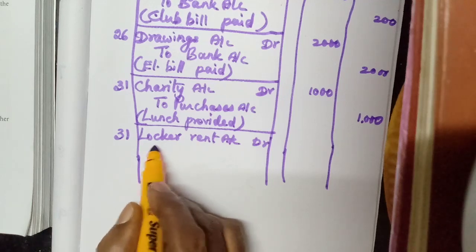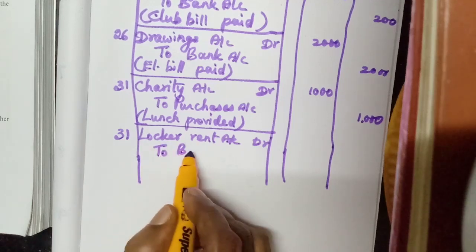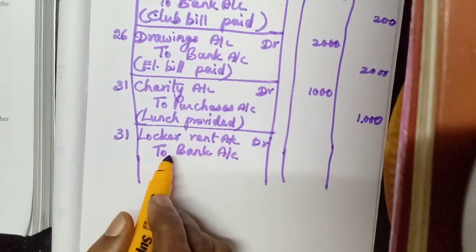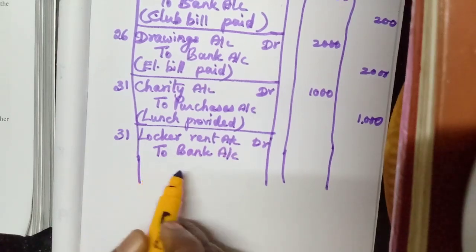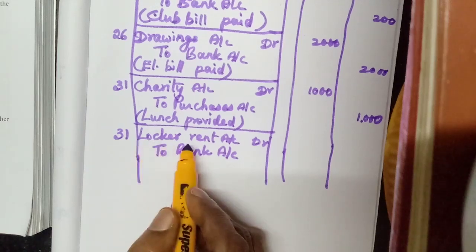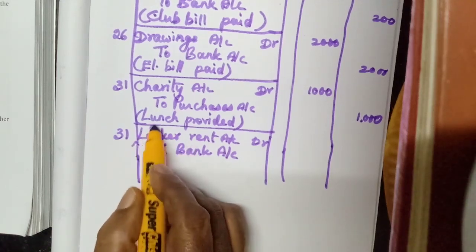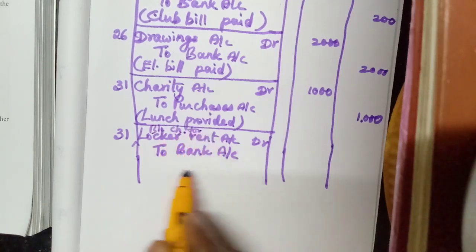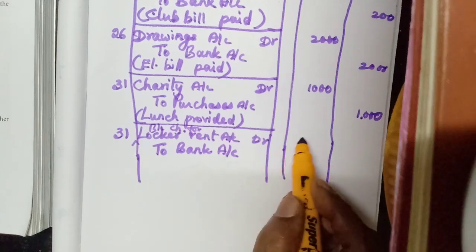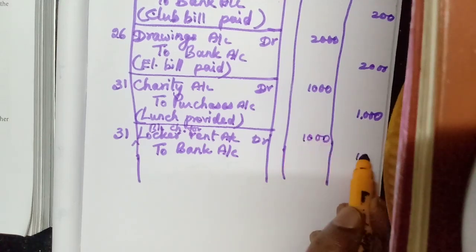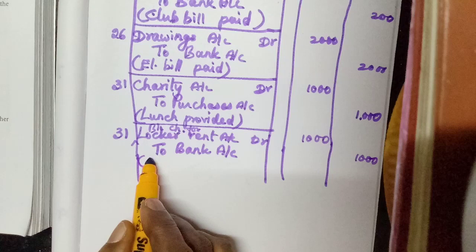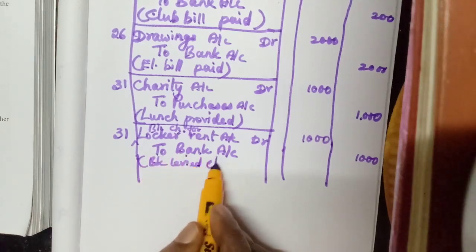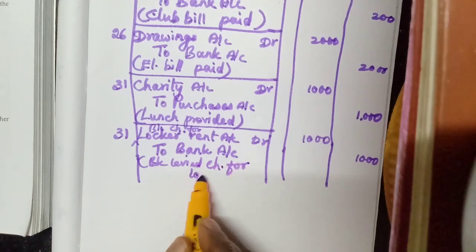The bank, because the bank account will get reduced. Okay, bank is paying charges. Here bank charges for the locker rent we can write. Okay, bank charges for locker rent to bank account, 1,000. Bank levied charges for locker rent.